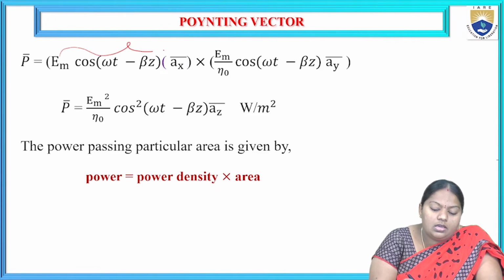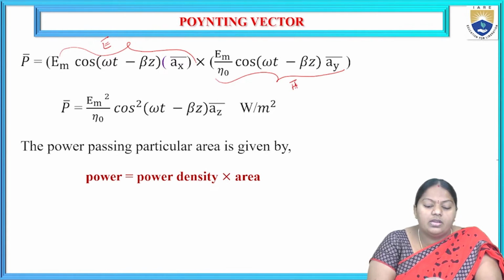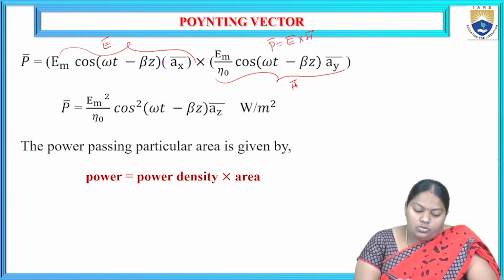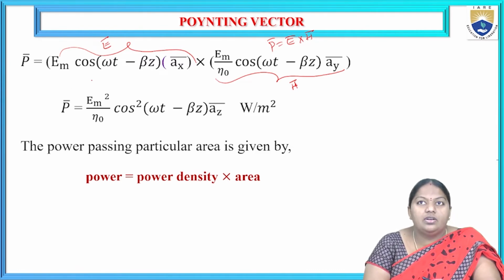This total expression is substituted in place of E bar, and this total expression is substituted in place of H bar. Why? Because P bar is given by E bar into H bar. So we substitute E bar by Em cos(omega t minus beta z) into Ax bar, and H bar by Em by eta naught cos(omega t minus beta z) into Ay, right?